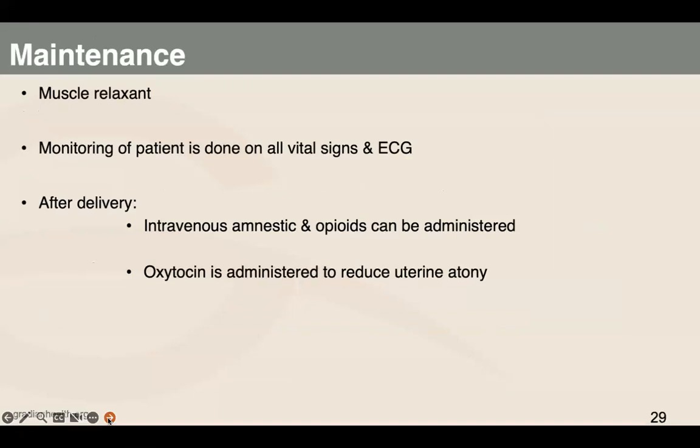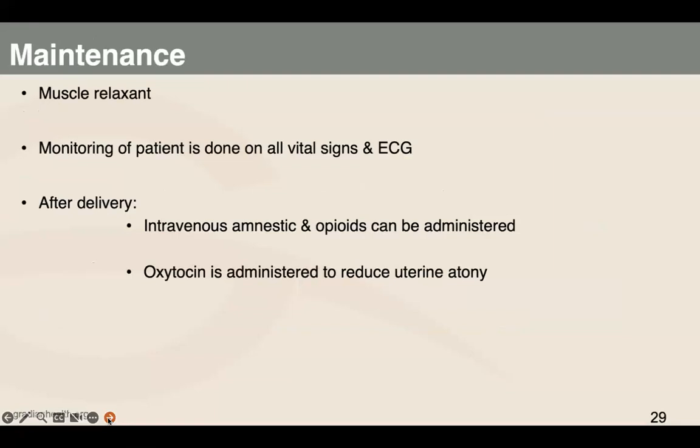So maintenance also, there's the choice of giving a muscle relaxant, or you could leave the mother to breathe spontaneously, but that would be at the risk of using a higher amount of inhalational agents. Muscle relaxants like atracurium and pancuronium can all be used. The monitoring of the patient is done on all vital signs, including the ECG, when available.